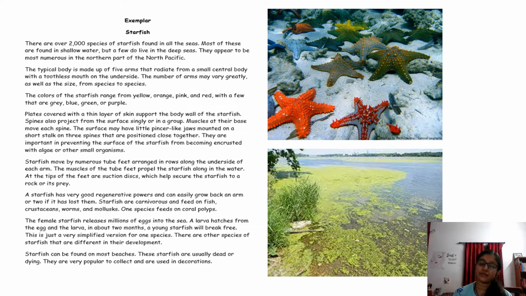This is how you have to write a report when you are researching any topic. It can be a biography, it can be about an animal, a fish, whatever it is. This is the format for how to write a report. See, everything is defined very clearly, starting from where you can find it, the colors, the way its body works. Everything is clear, right?